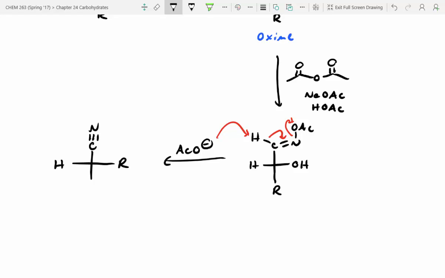And this looks familiar, right? What was this called again? Oh, thank you. This should be an OH. This is our cyanohydrin that we saw in the Kiliani-Fischer synthesis.